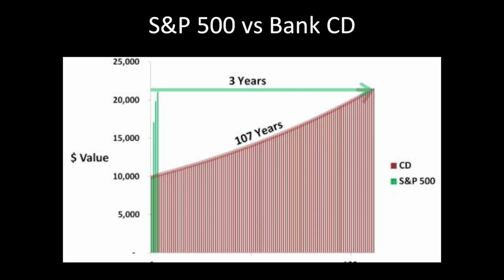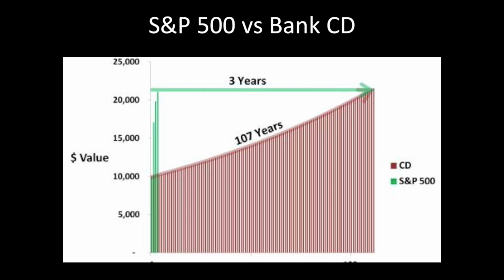Now this is a chart comparing the return on the S&P 500 versus a bank CD. The red is your bank CD, the average return on that. This is saying if you put $10,000 into a bank CD, on average it's going to take you 107 years before you've returned about $20,000, twice your money back.